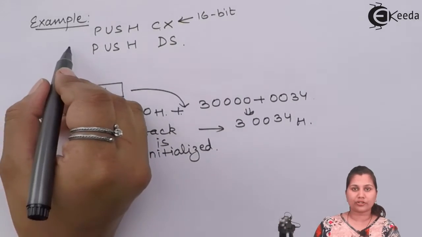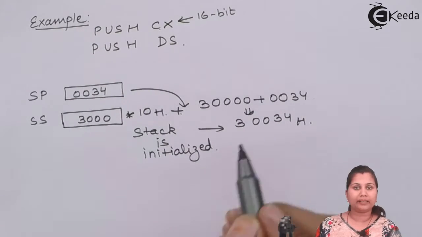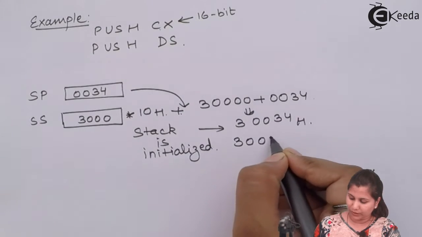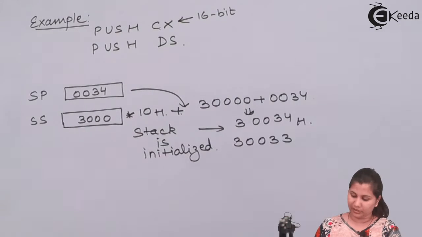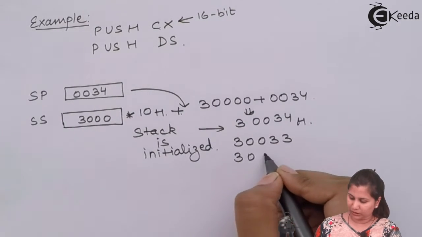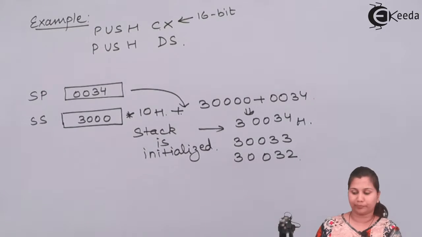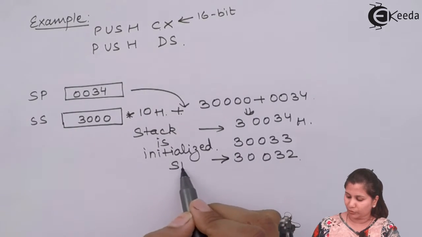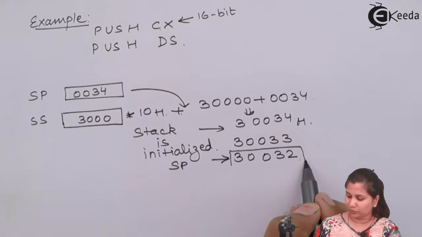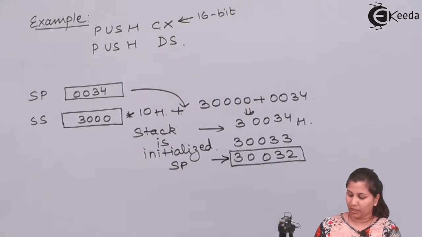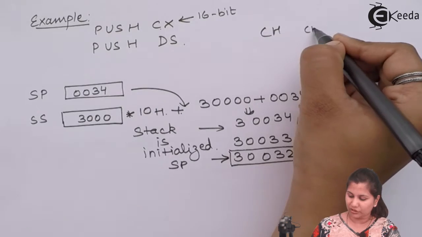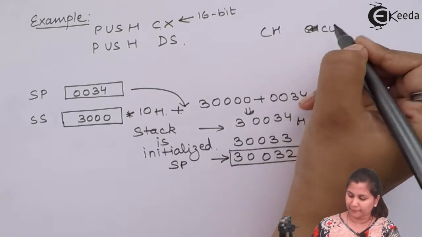Now the push instruction is going to decrement the stack pointer by 2. First it will be decremented to 0033, then it will be decremented to 0032. So now the stack pointer is pointing at the memory location 30032. Now the contents of the CX register will be CH and CL.